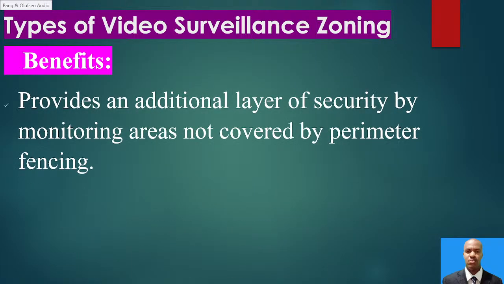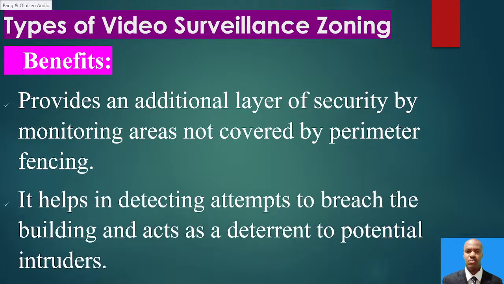Then the benefits: it provides an additional layer of security by monitoring areas not covered by perimeter fencing. It helps in detecting attempts to breach the building and acts as a deterrent to potential intruders.